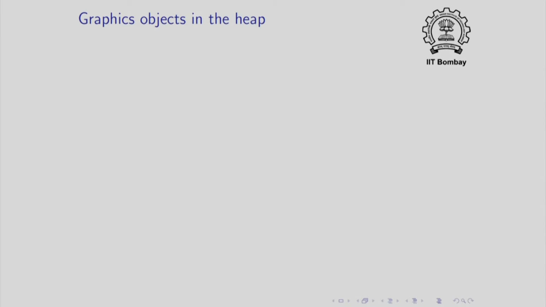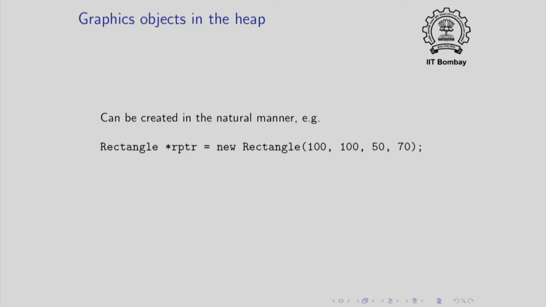You can also create graphics objects in the heap, and this also happens in a natural manner. For example, if you write rectangle *RPTR = new rectangle(100, 100, 50, 70), you know that this will first define a name RPTR of type rectangle pointer, and it will allocate space for the rectangle on the heap because of the operator new.